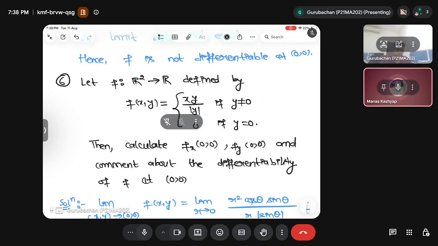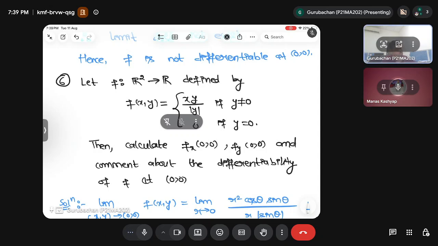Sir, if we redefine the function as y positive, y zero, y negative: if y is positive, it is x; y is 0, it is 0; y is negative, it is minus x. And this is all about the function f of x, y. So yes, it is continuous. We are making some mistake.